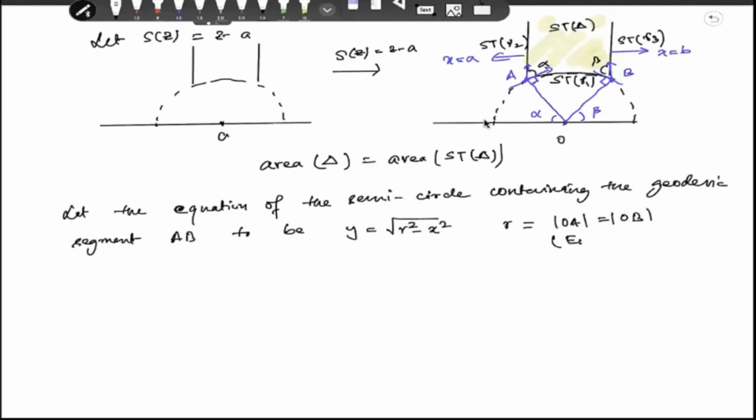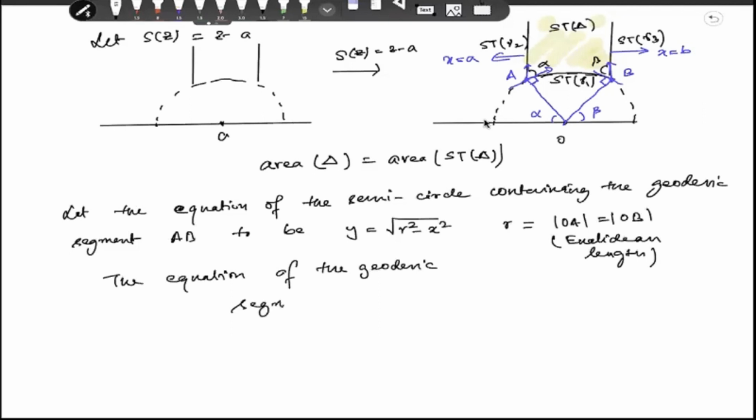This is the Euclidean distance. So the equation of the geodesic segment AB is y equals root over r squared minus x squared, with x varying from a to b for some a and b.